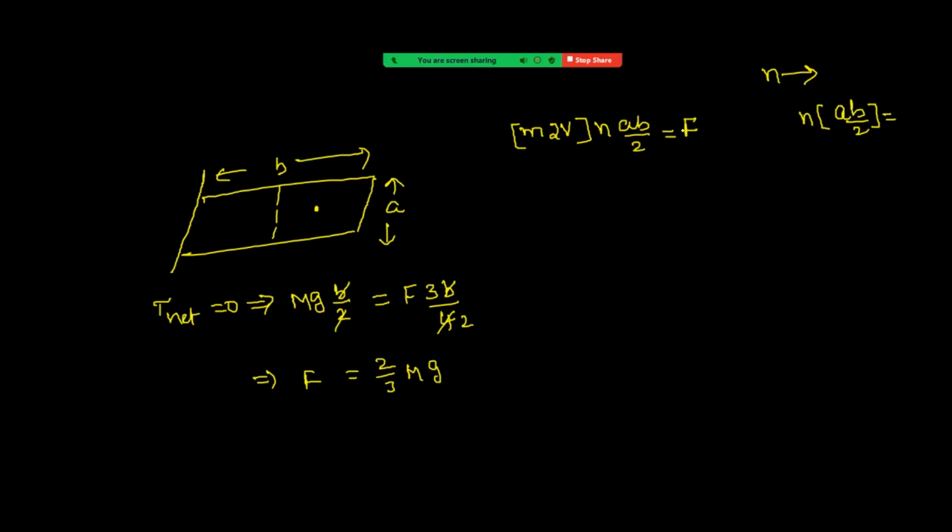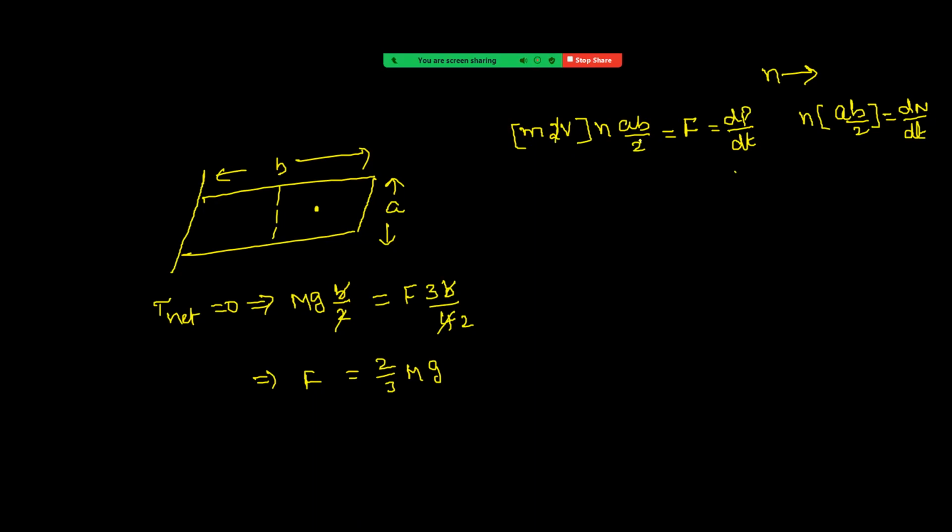See carefully. Force means we are taking the rate of change of momentum with respect to time. So this is now directly the number of collisions per second. Suppose this is dN by dt, where N is the number of collisions. dN by dt is the number of collisions per second, into change in momentum, that gives dP by dt.